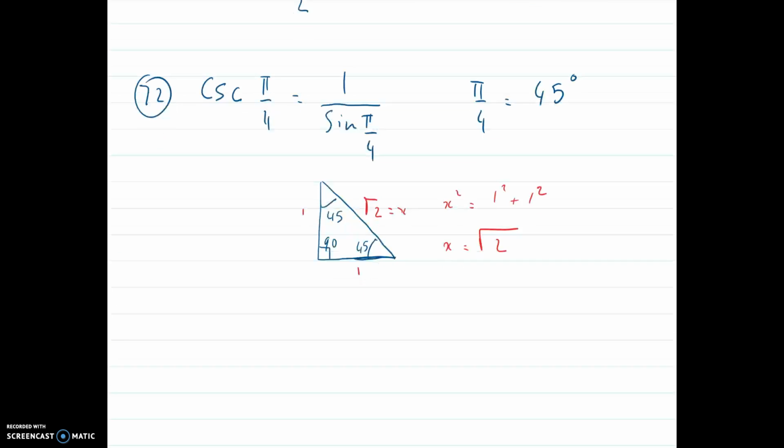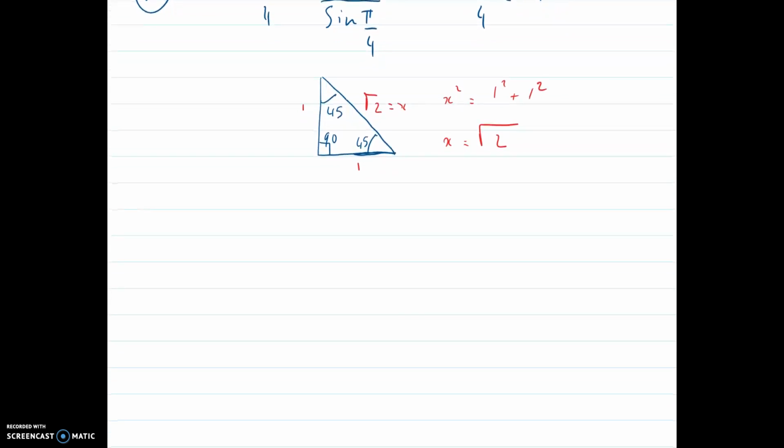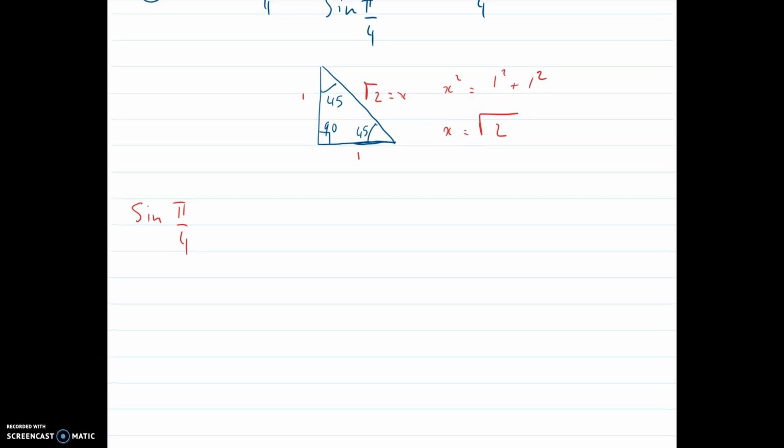So the sinus of pi over 4 equals 1 over square root of 2, which if I rationalize, is going to be square root of 2 divided by 2, because when I rationalize, I multiply by square root of 2. Let me do that right here. If I rationalize, I multiply by square root of 2 over square root of 2, and I end up with square root of 2 divided by 2.